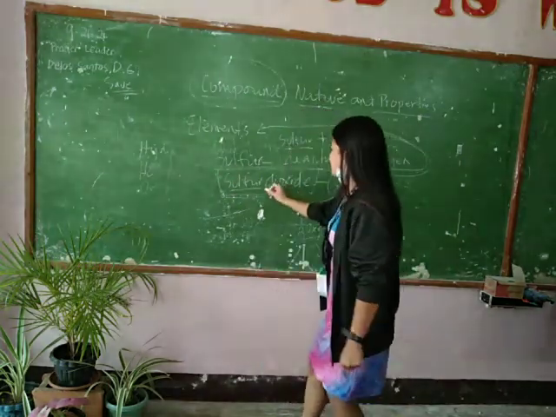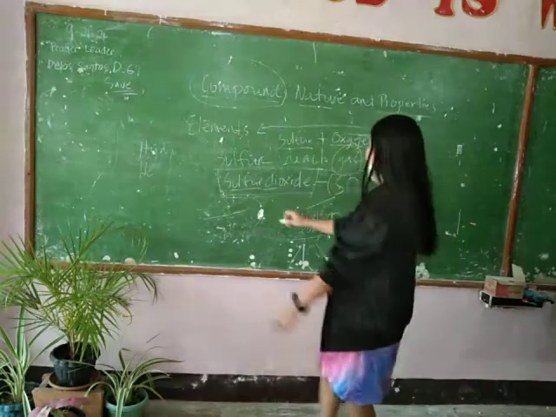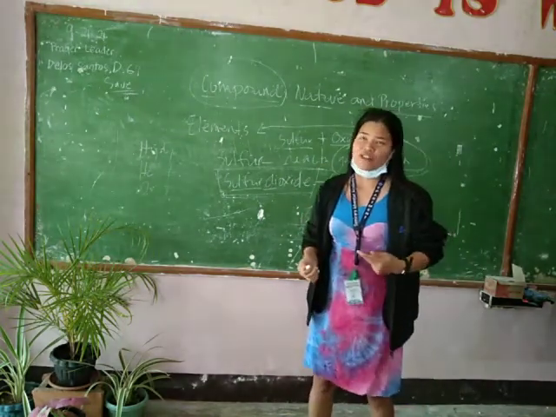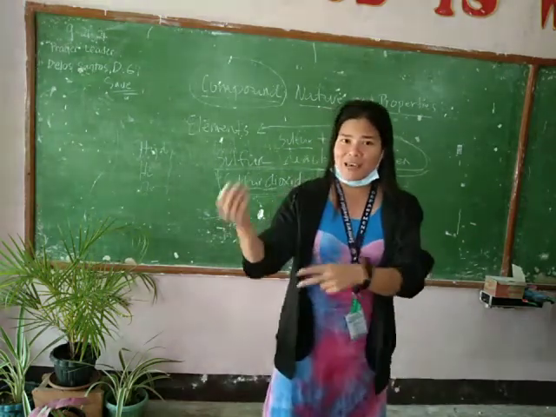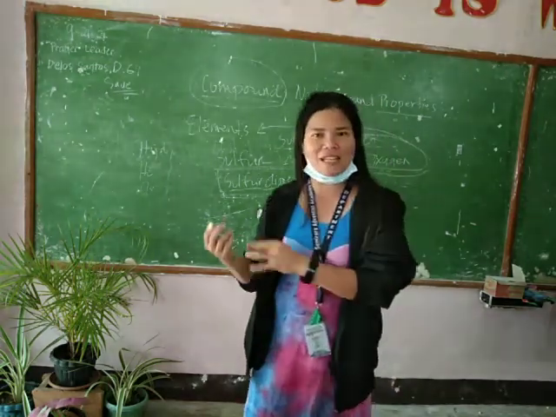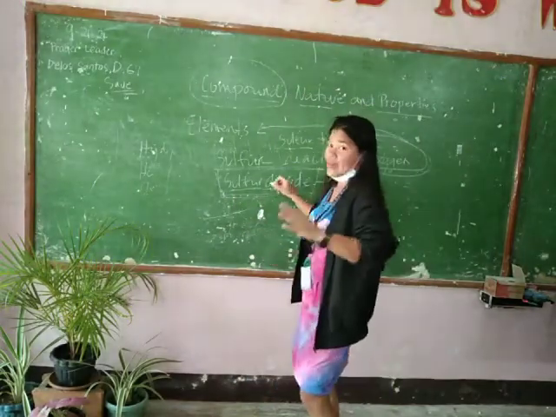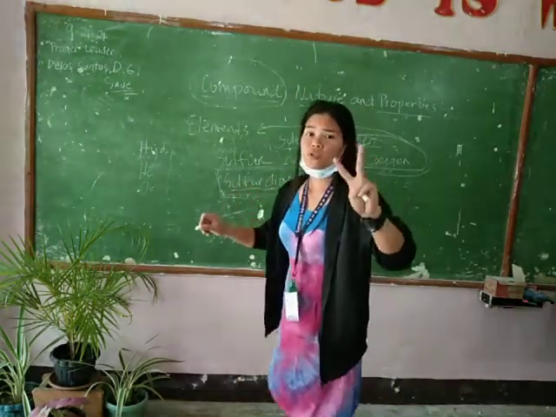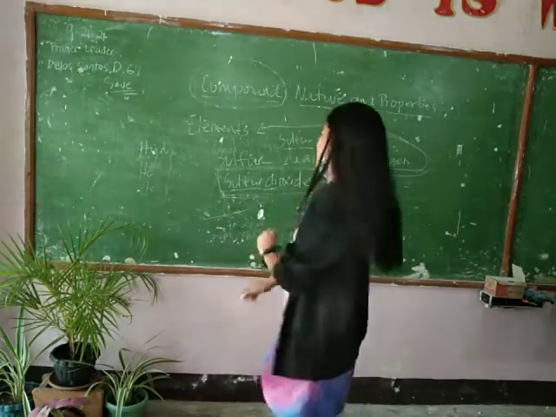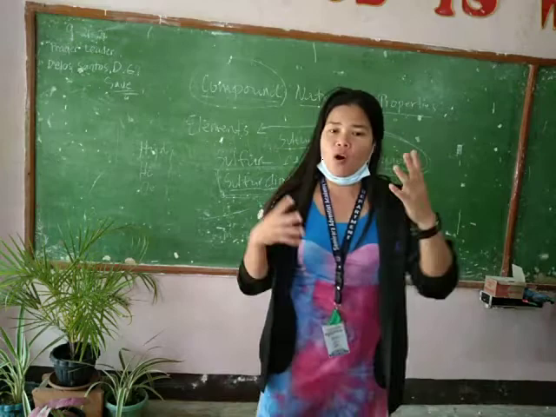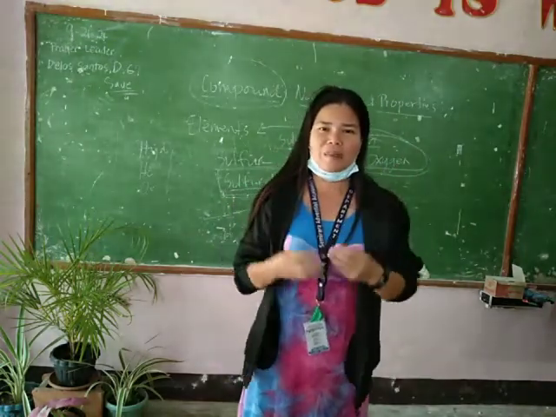Kaya tinatawag siya na dioxide dahil dalawa ang kanyang oxygen. See? Katulad ng tricycle, tatlo ang gulong. Bicycle, dalawa ang gulong. And then, tinatawag siya na di because it is composed of two. Right? So, now, yung kalboro, ito ay hindi siya maganda paglaruan.